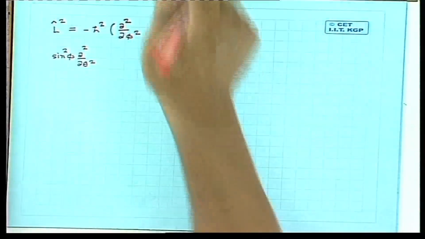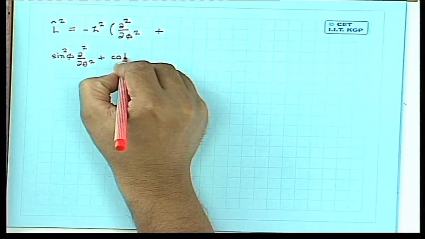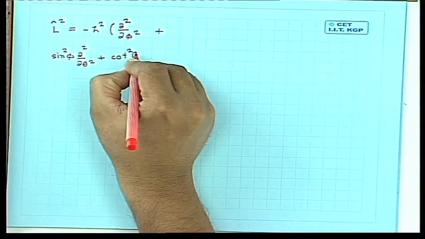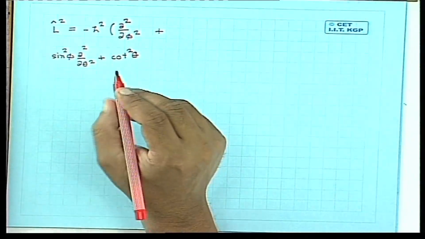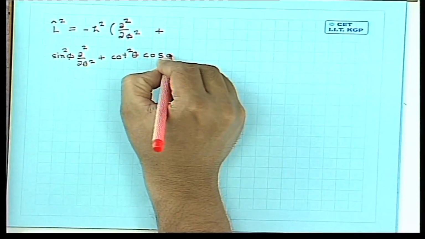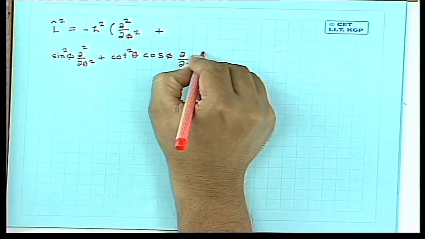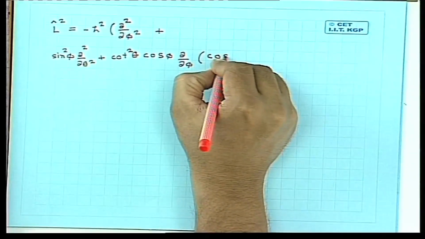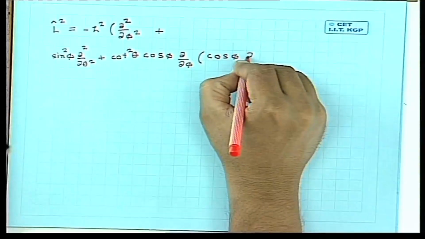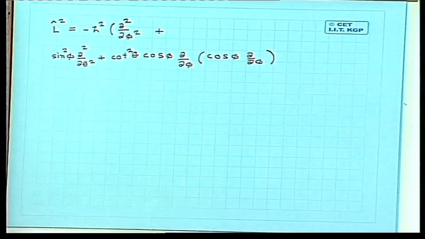So I can put a cot squared theta outside, plus cot square theta, and then I have cos phi del del phi acting on cos phi del del phi. This is the second term.